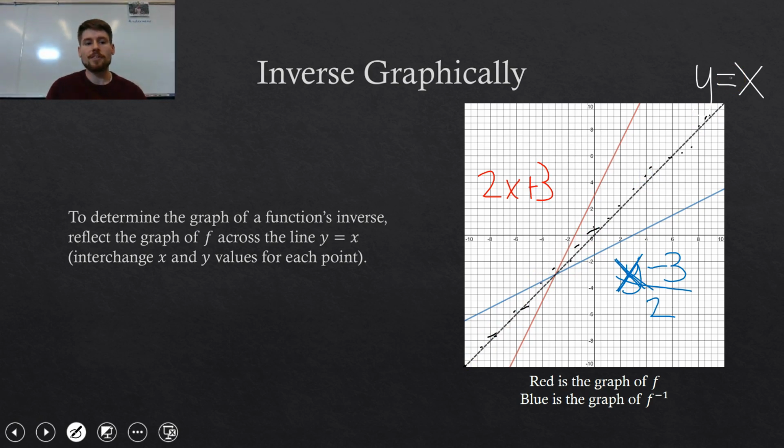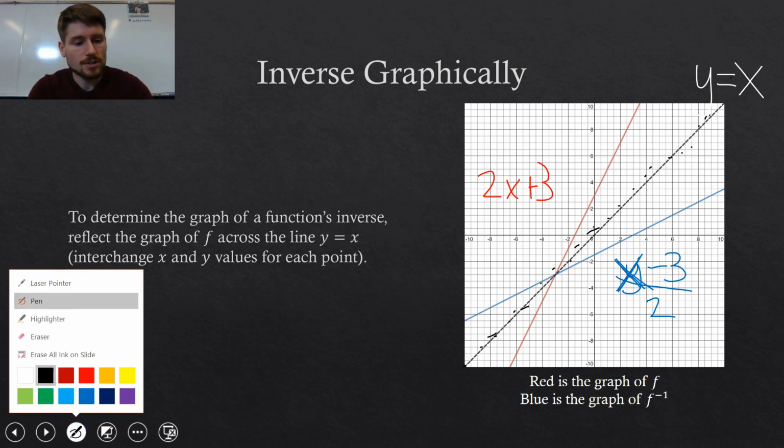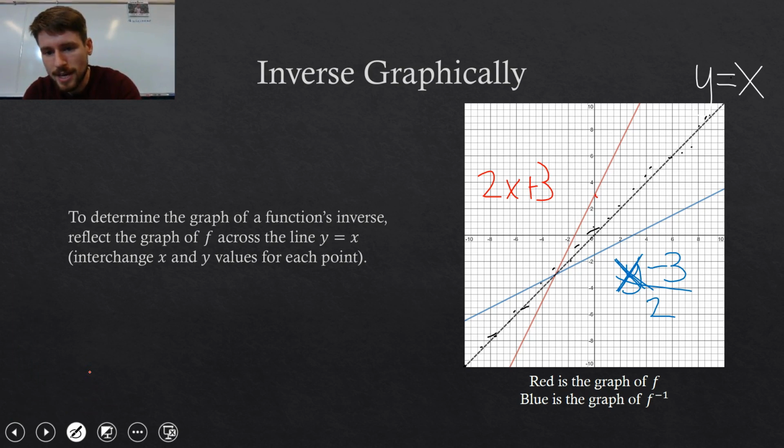And so if you've got the graph of f, then all you need to do is take all the points on that graph and swap their x and y values, and that gives you the graph of the inverse. Okay? So let's look at a couple of examples of points. This point right here, which is (0, 3).